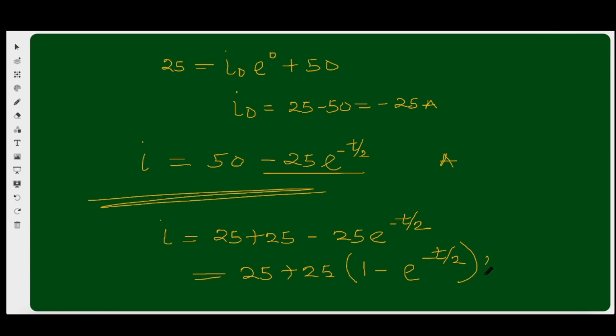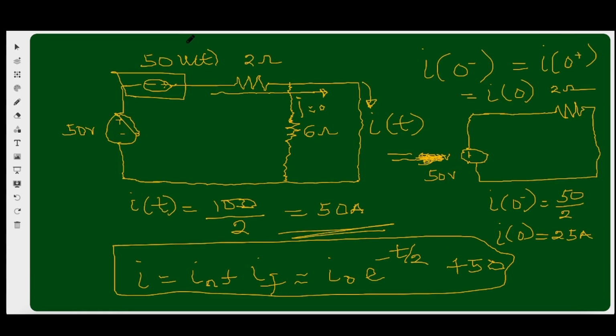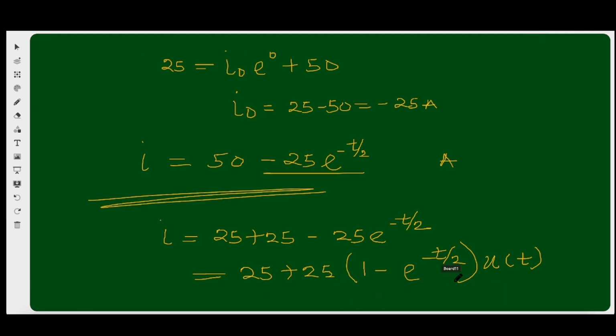This will be multiplied by u of t, which means that when t is less than 0, I will only be 25, that is, when the source has not been added. But when t is greater than 0, it will carry everything. And that's it. So this is the correct answer.